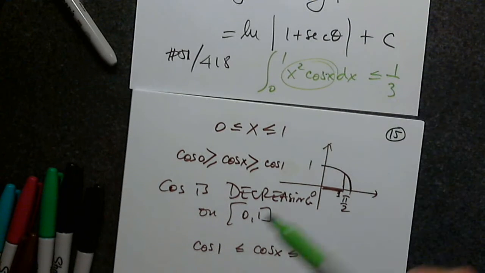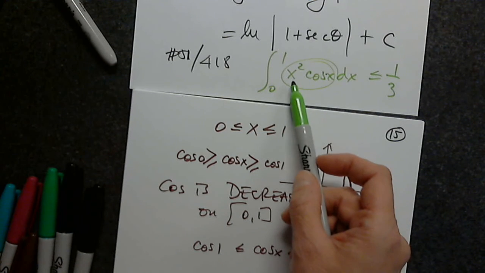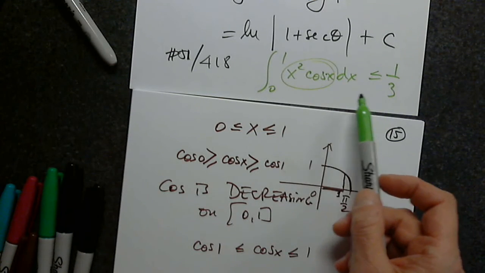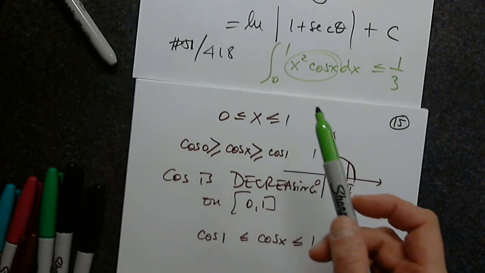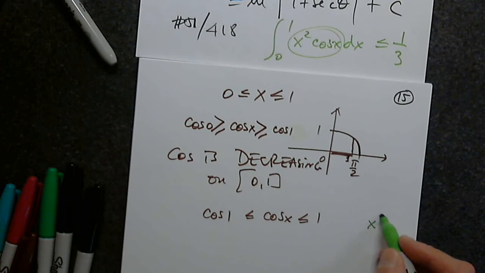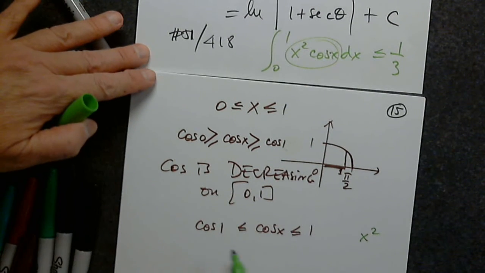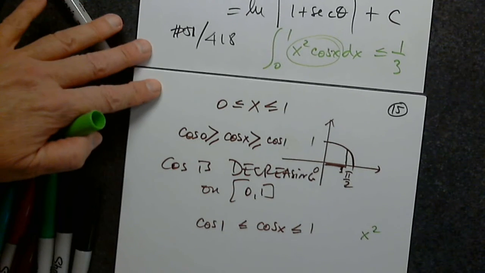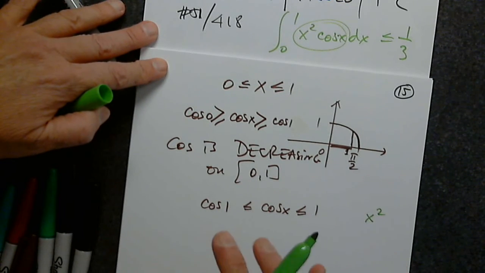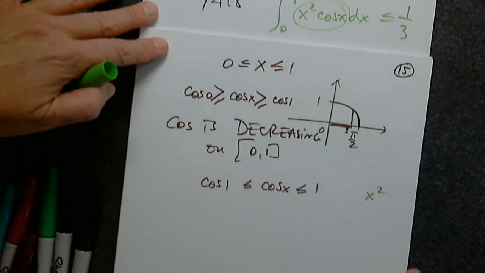So I have cosine that is squeezed between cosine 1 radian and 1. I need to multiply by x squared, but I have to be careful with this x squared. So is x squared a number that is positive? Yes. Is this number 0? No, the endpoints of the interval don't count. So I can multiply all three sides by x squared.